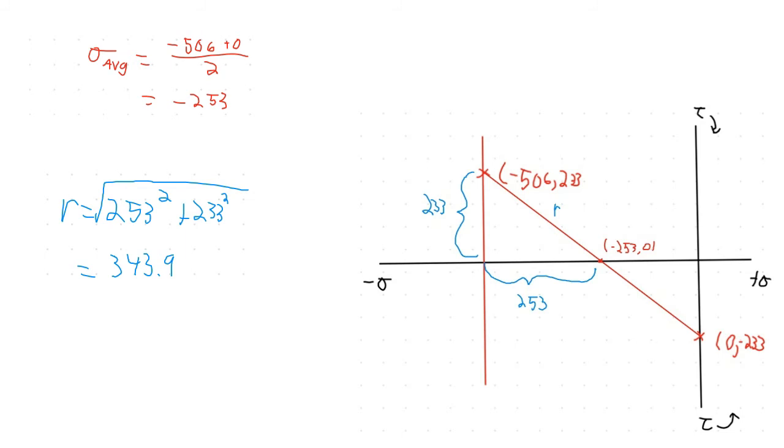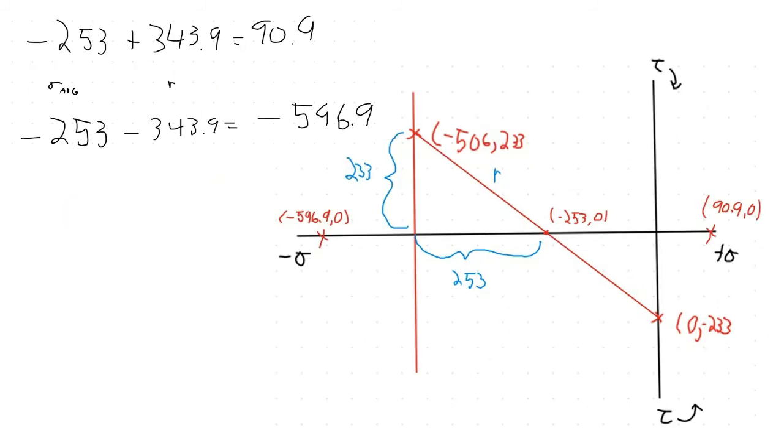Our next step is to find the radius, and we use Pythagoras, as I've shown here. Our horizontal, or the bottom part of our triangle, is 253, and the vertical side is 233. We use Pythagoras, and we get a radius of 343.9. From here, we get the endpoints of our circle that fall on our horizontal axis.